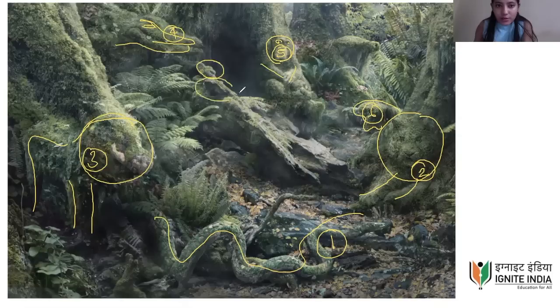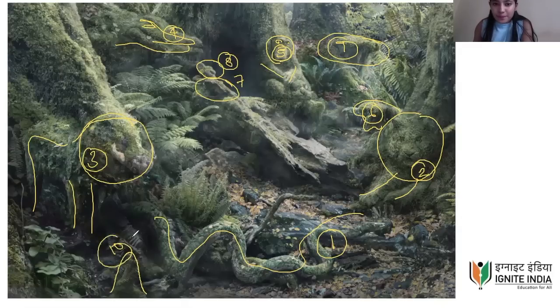So these two are our 7 and 8. And here of course there is one which is our 9. There is one here which is our 10, and there is one here which is our 11.